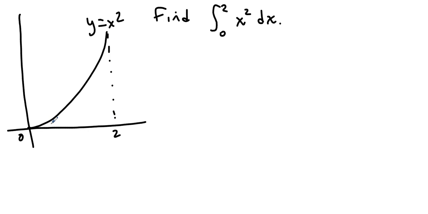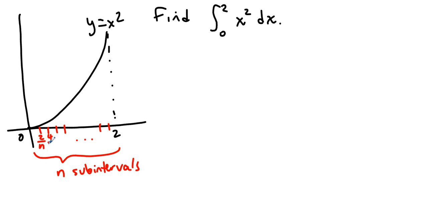So how do we do that? Well, we split the interval up into a bunch of rectangles. How many subintervals do we use? We use n subintervals. Well, if this has length 2, and we break it up into n pieces, each of the little pieces is 2 over n.